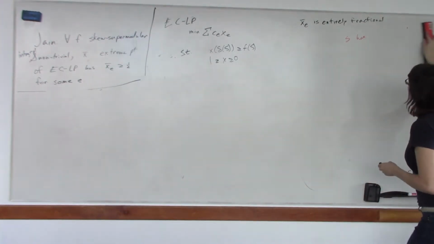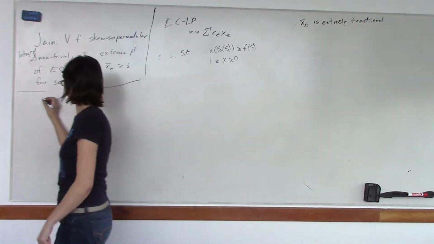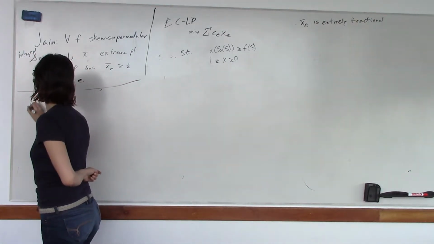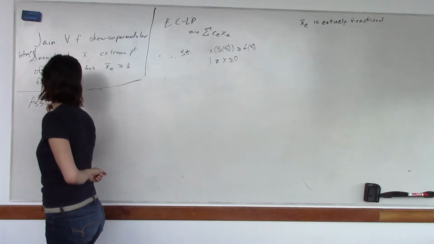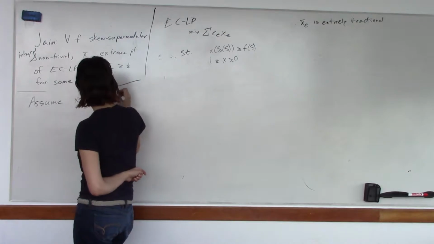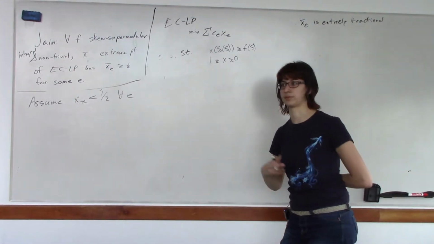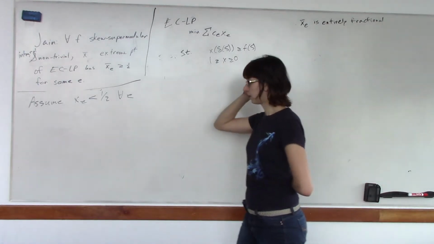So what we're going to do is assume that x_e is less than 1/2 for all e. And of course, we're at an extreme point. We're going to work with laminar sets again.